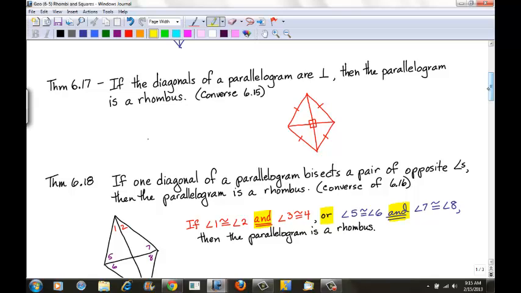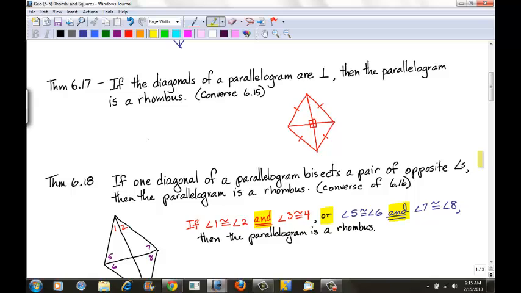Okay, the next one's Theorem 6.18. Says if one diagonal of a parallelogram bisects a pair of opposite angles, and this is symbol for angles.